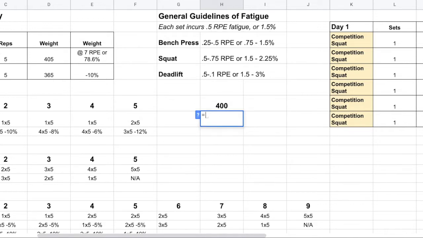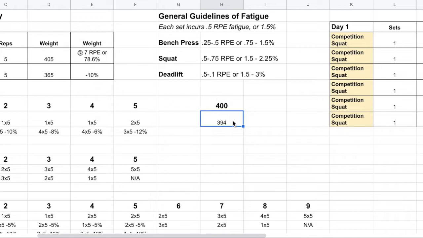So if I take 400, and I'll show you the calculation here, times 0.985, so a 1.5% drop, after that set that induced 1.5% fatigue, my new max is 394. I can no longer hit 400 because a set fatigued me.